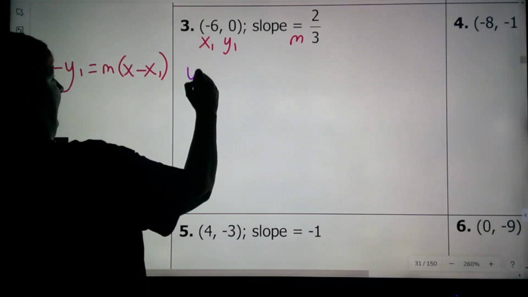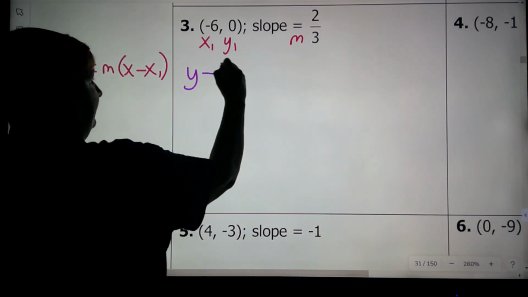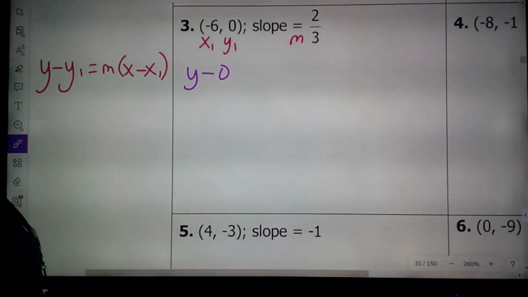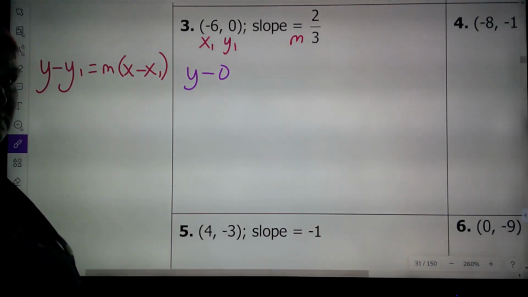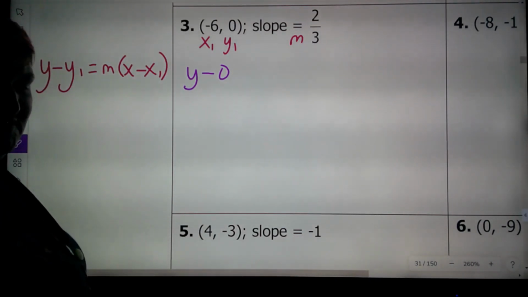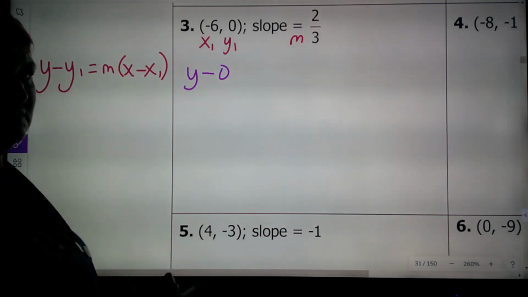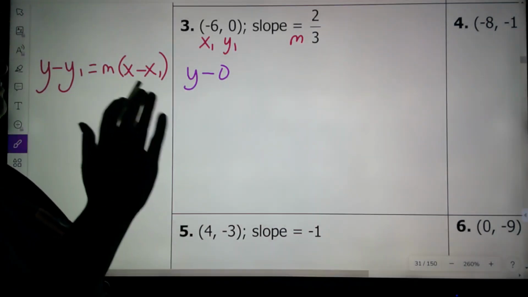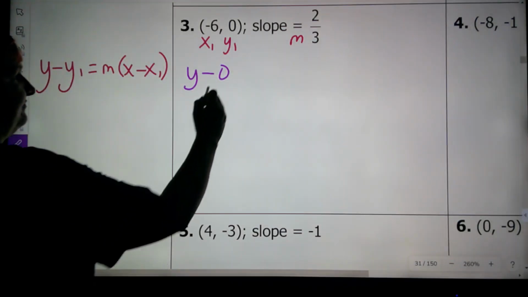Substitute y minus, because it's in the formula, y1, which is 0. Do I even need to write minus 0? No. I'm going to leave it up there because I want you to see, but adding and subtracting 0 changes nothing. Zeros are magical. Multiplying makes everything 0. Adding and subtracting them does nothing.